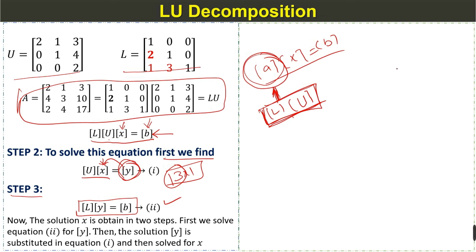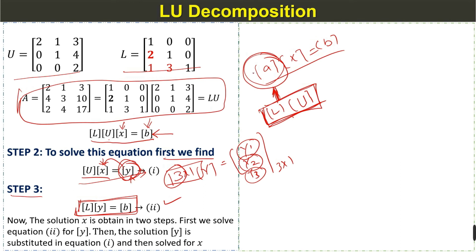To solve the first equation, we will first solve the second equation, because here Y is the arbitrary matrix. We don't know the values of y1, y2 and y3, and this arbitrary matrix is of order 3 cross 1. So first we solve the equation to find the values of the unknowns y1, y2 and y3.